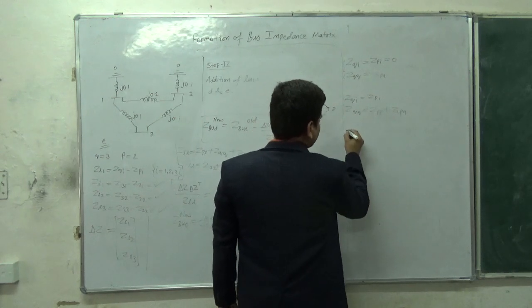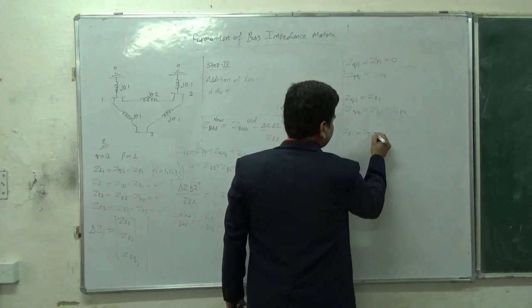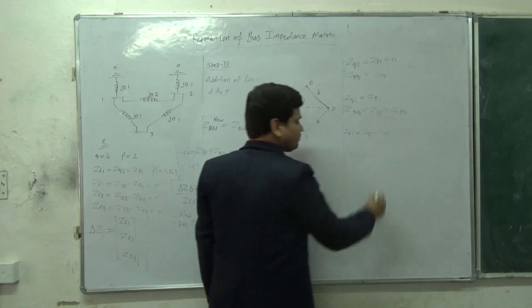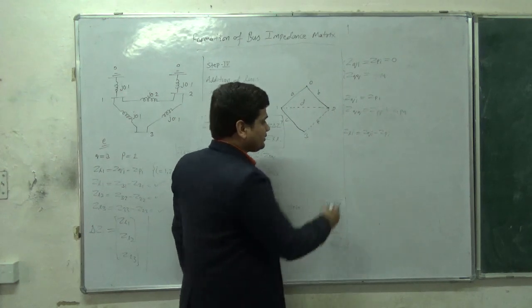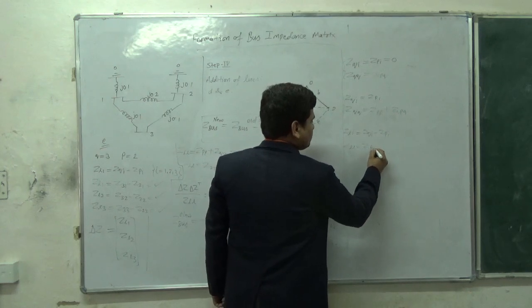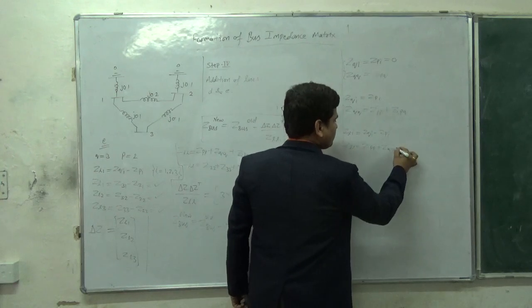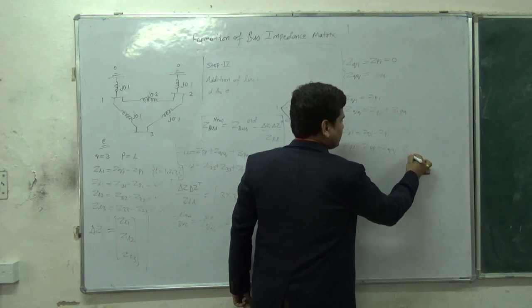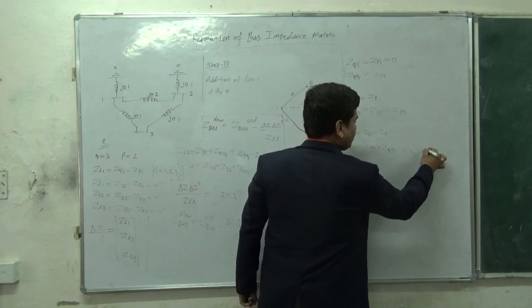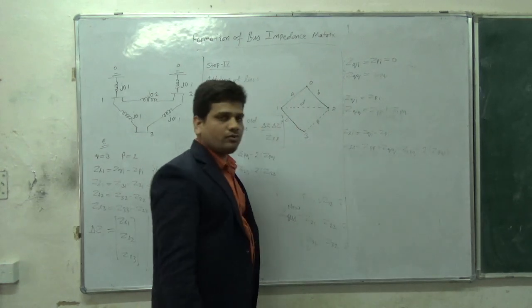And for the links the formulas are ZLI is equal to ZQI minus ZPI and ZLL is equal to ZPP plus ZQQ plus small zpq minus twice of capital ZPQ.